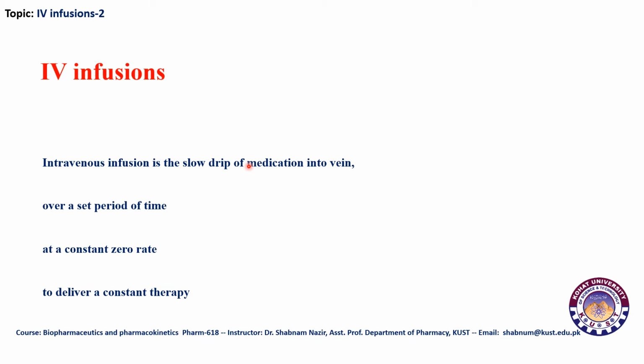And later we will talk about what we actually mean by the desirable concentration. That is the steady state concentration which we actually want to achieve at the end of the intravenous infusion administration, and then we continue that.